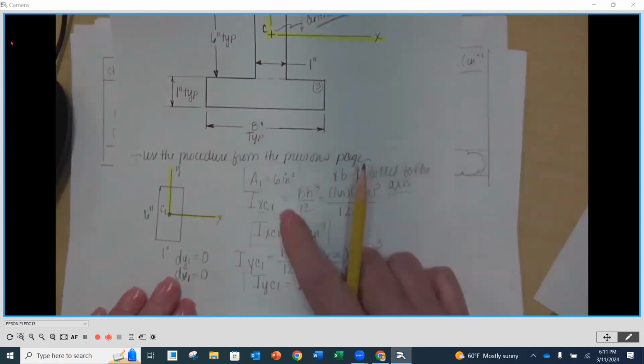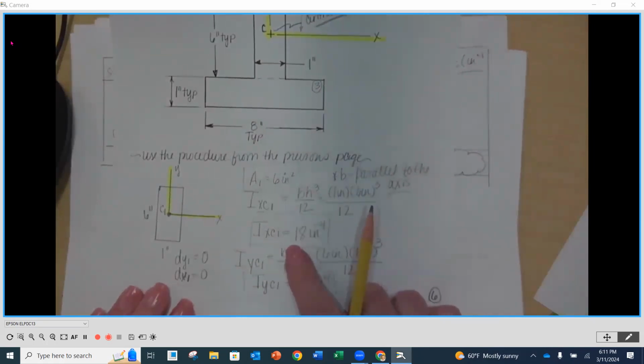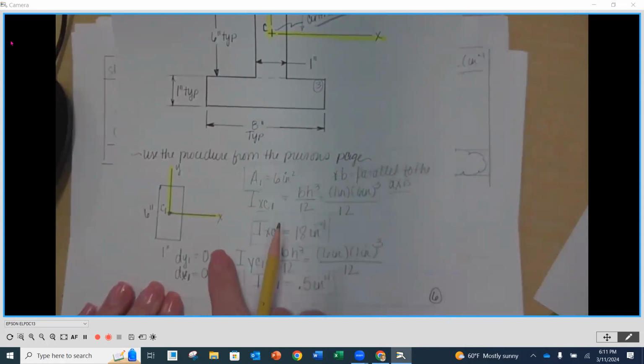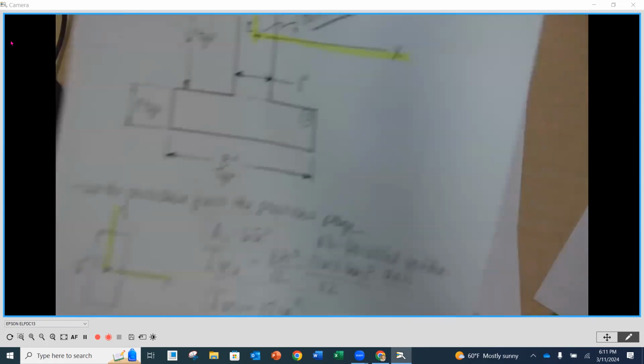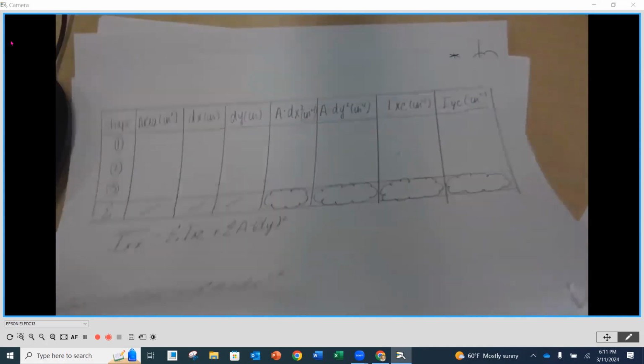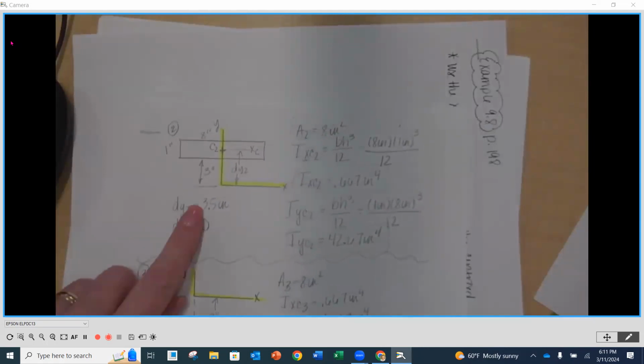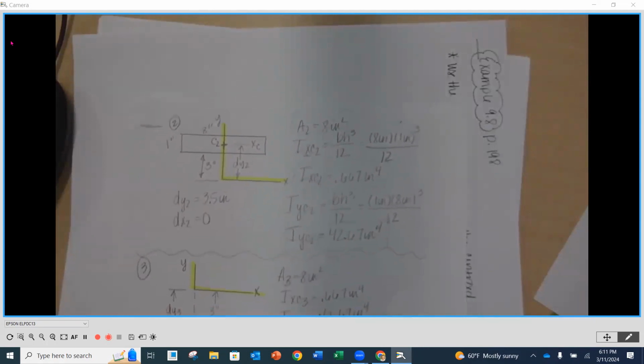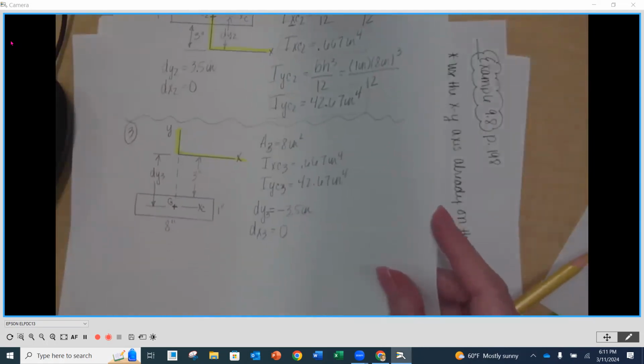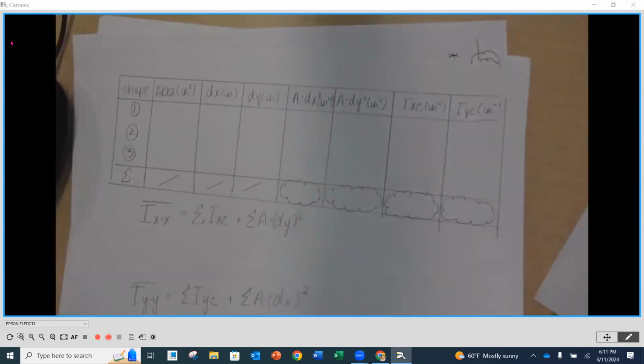Here's its area, here's its moment of inertia about the x centroidal axis, y centroidal axis, and then the dy and the dx. You're going to fill those in. Then you go back to shape number 2, which is on the back side of this piece of paper, and here's shape number 2's information. And then shape number 3. You're going to fill in the columns, and then you'll have some that you'll have to calculate.